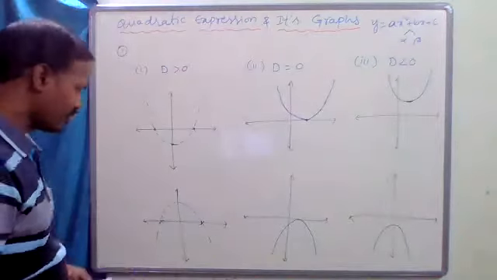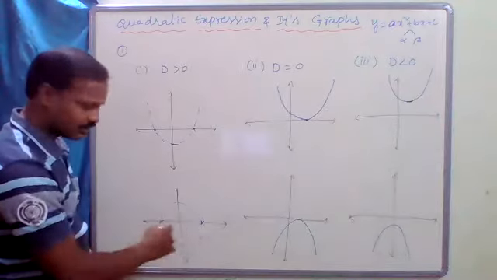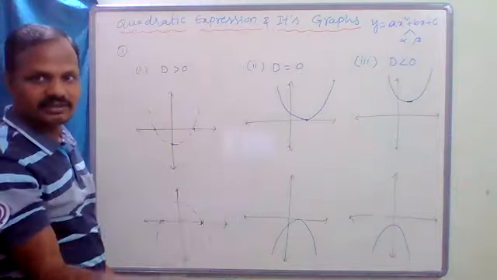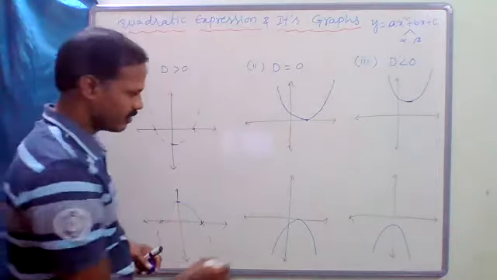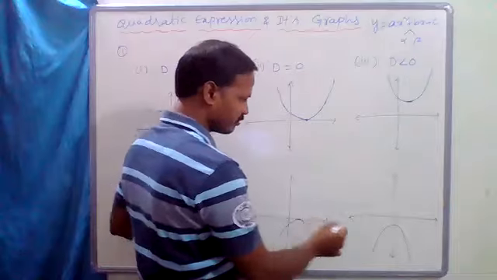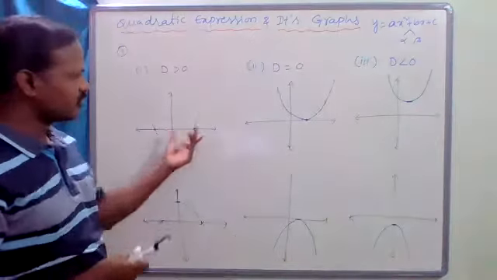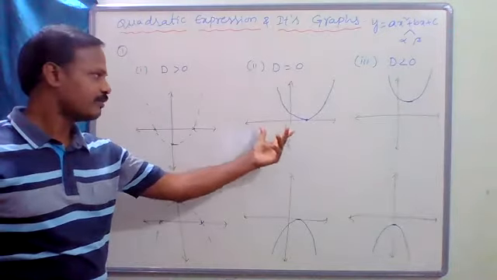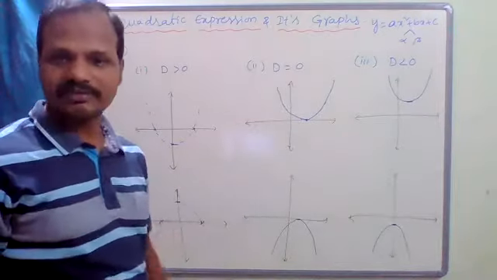Now coming to this graph, increasing, decreasing, so it has a maximum. This also has a maximum. So the first three graphs have a minimum value and the next three graphs have a maximum value.